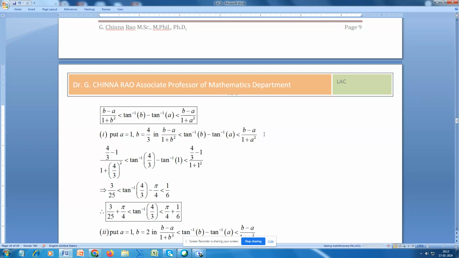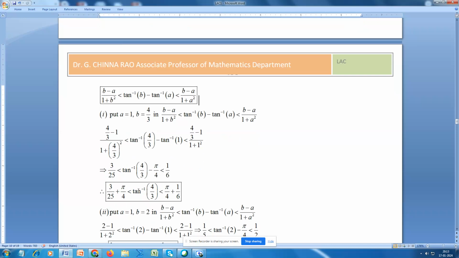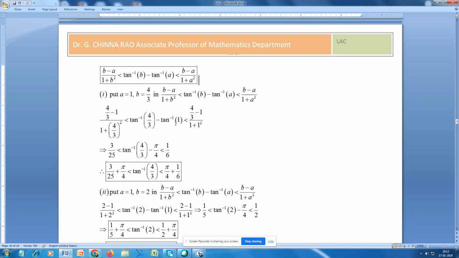Substituting in the above relation, then simplify. tan⁻¹1 is π/4. tan⁻¹(4/3) is as it is. Now adding π/4 on both sides, 3/25 + π/4 < tan⁻¹(4/3) < π/4 + 1/6. Hence proved.